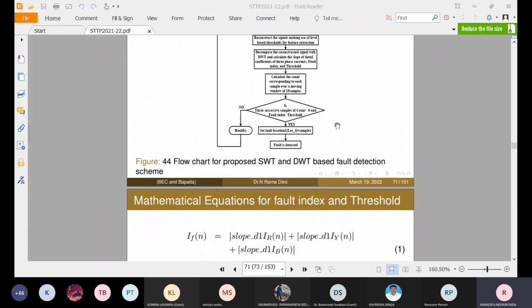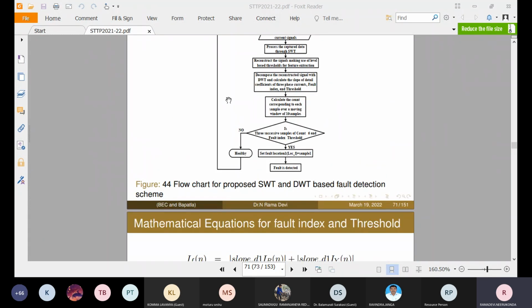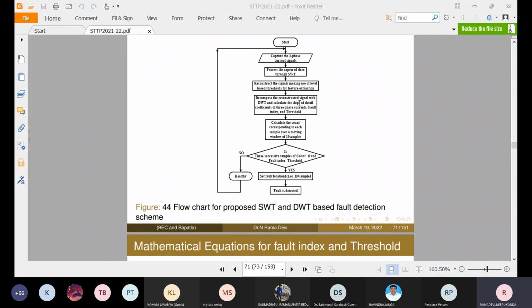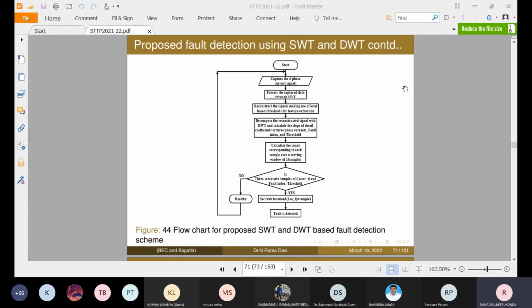The fault detection and its instant identification are found using this flow chart. The flow chart gives the information of the captured 3-phase current signals, which are processed through the SWT for reconstruction.